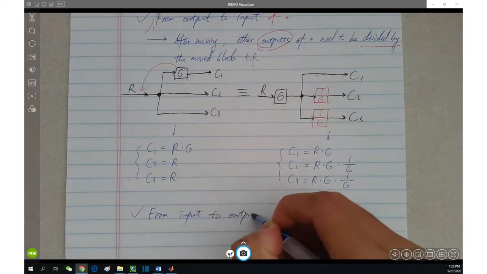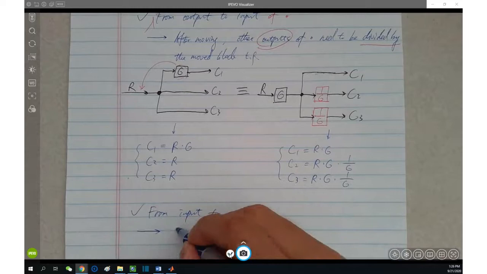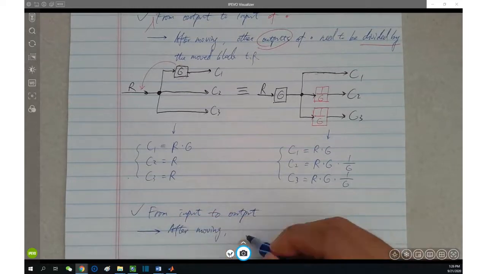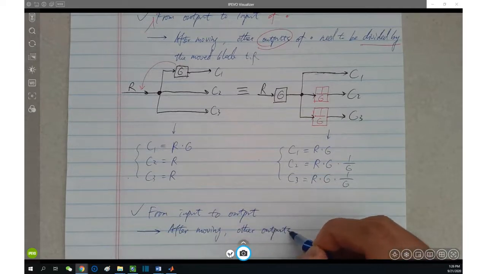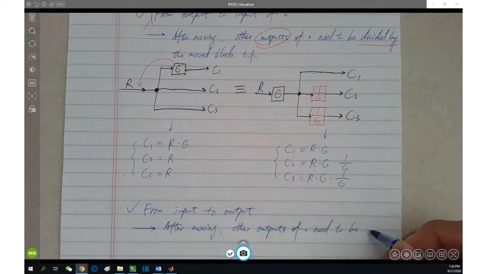As you know, it is from the input to the output of the pick-off point. The algorithm says go ahead and move. After moving, the other outputs, you can easily guess now, need to be what? Multiply, right?